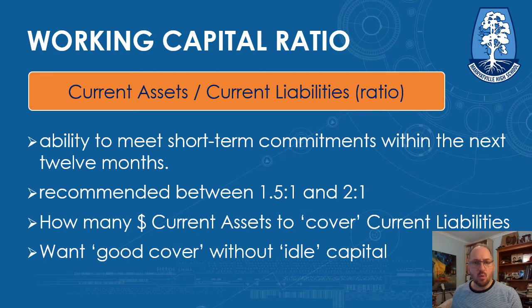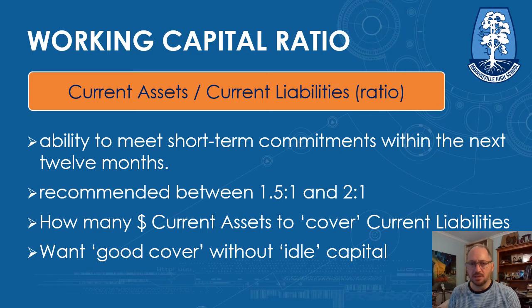Then there is the working capital ratio. This is the ratio of current assets divided by your current liabilities. It is defined as the ability to meet short-term commitments within the next 12 months. It is recommended that this ratio might be about 1.5 to 2 to 1.